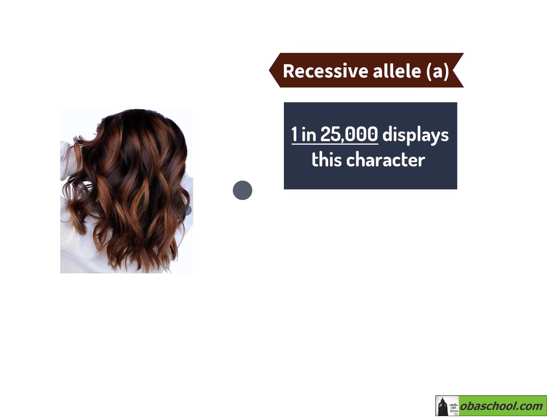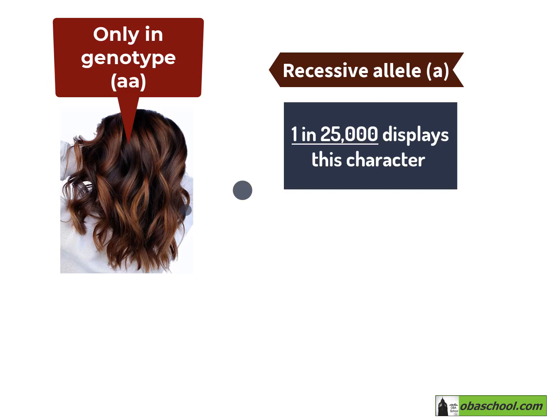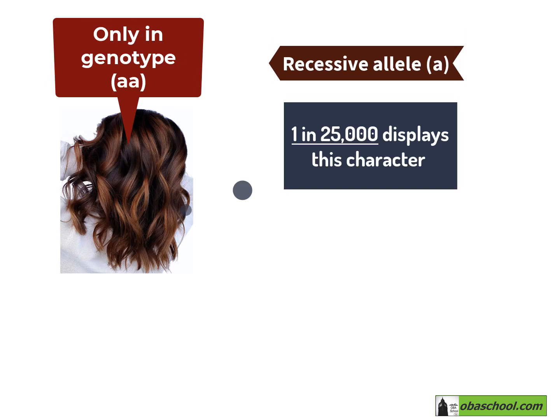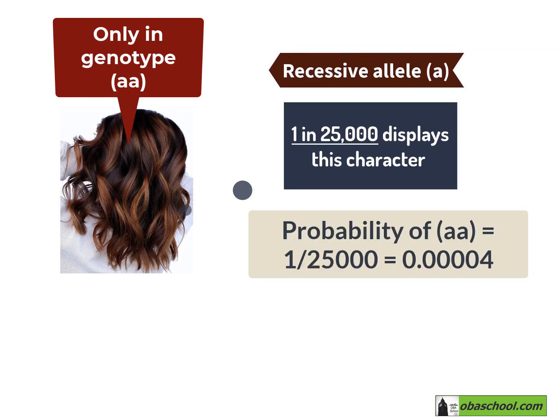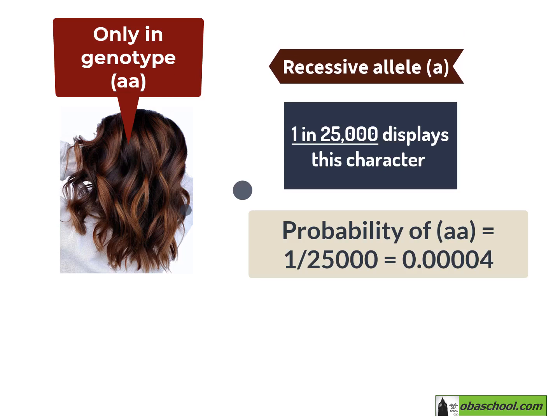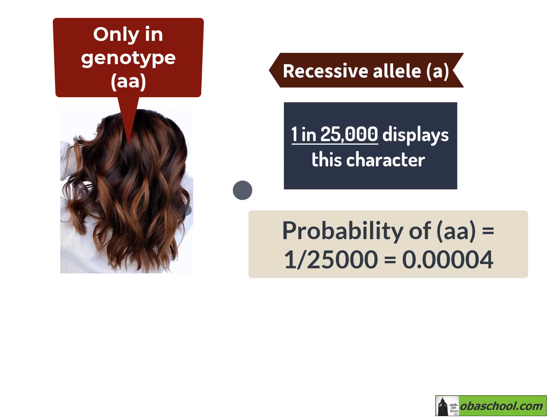Since this character is recessive, it will only be observed in individuals who have two recessive alleles, small a, small a. So, the probability of small a, small a must be 1 out of 25,000, or 0.00004.